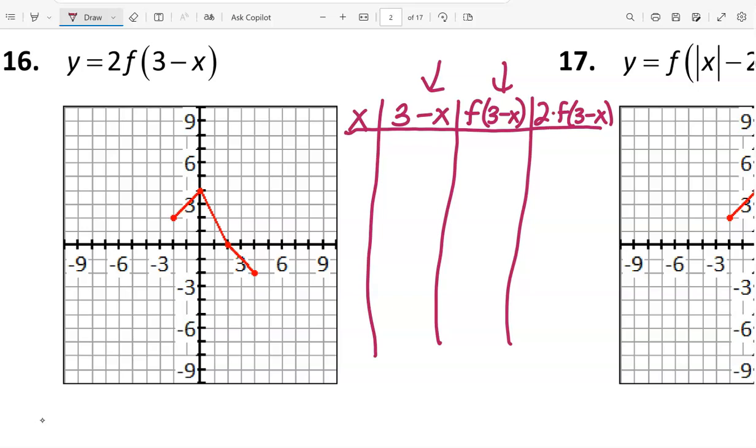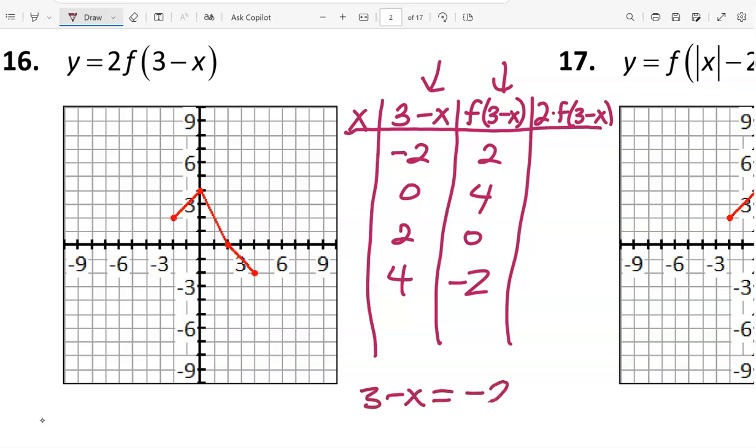That's where we're going to put the parent function points, negative 2, 2, 0, 4, 2, 0, and 4, negative 2. In order to work backwards from 3 minus x to x, we have to solve the equation 3 minus x is equal to negative 2, for instance, and subtract 3, and then divide by negative 1, and that'll give us an x value of 5.